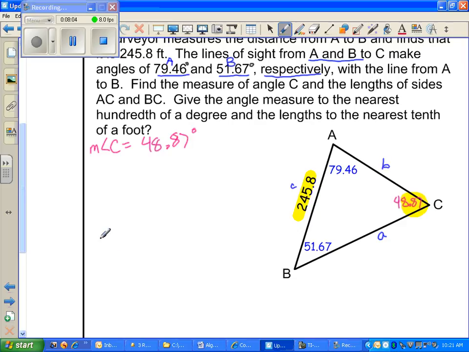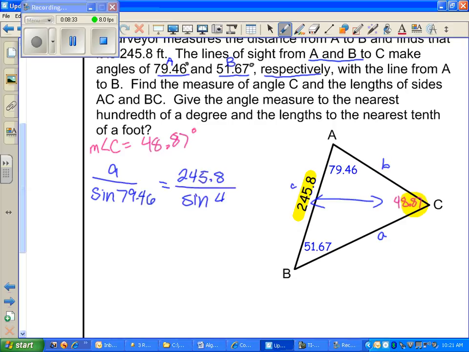So now we're going to use that and we're going to find A and B. It doesn't matter which one you do first. I'm just going to do A because I like alphabetical order. So A over sine of A, and A is 79.46, equals, got to use C because it's the one that has the pair with the angle and the side. So side C, 245.8 over sine of 48.87.